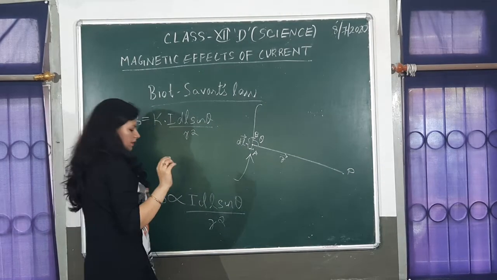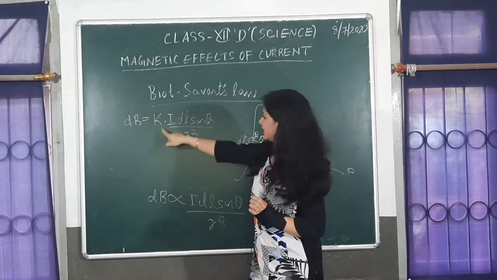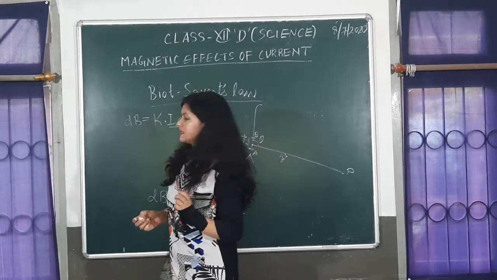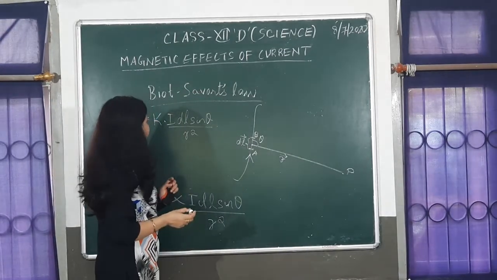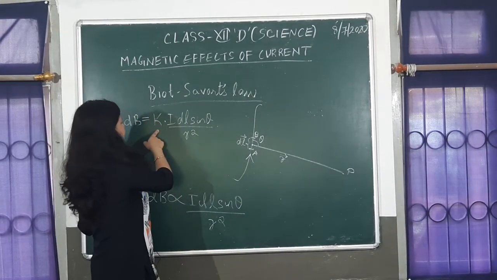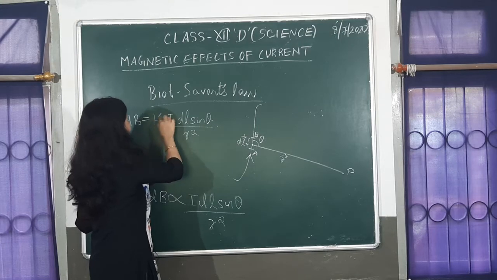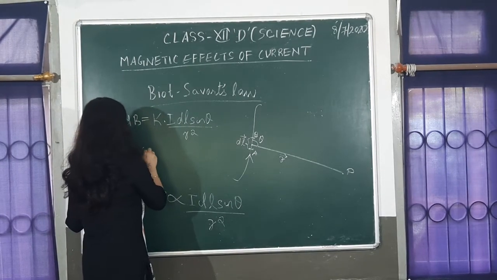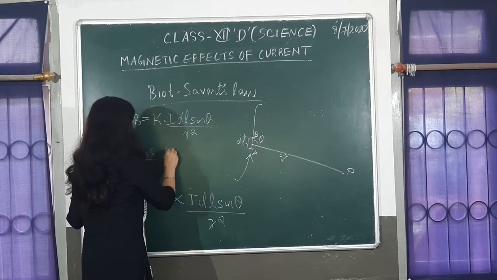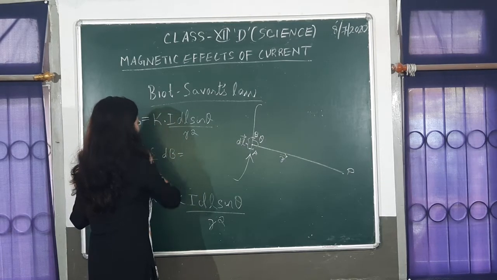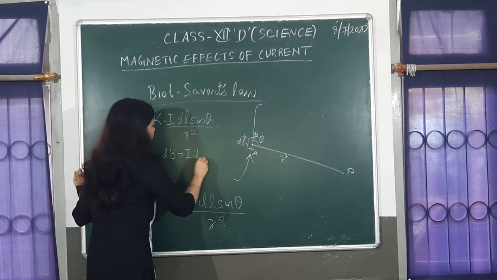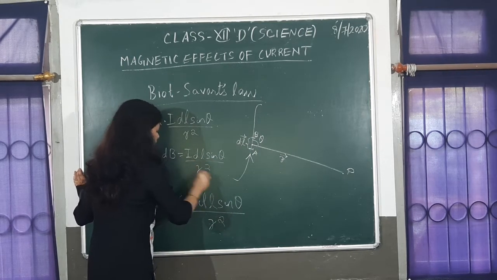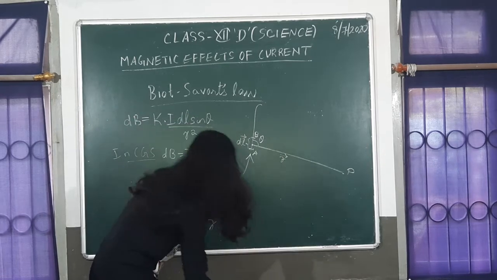To find out the value of k, we will take 2 systems into consideration. The first system is the CGS system. In the CGS system, it's very simple. The value of k comes down to be 1. So in the CGS system, dB will be equal to I dl sin theta by r square.